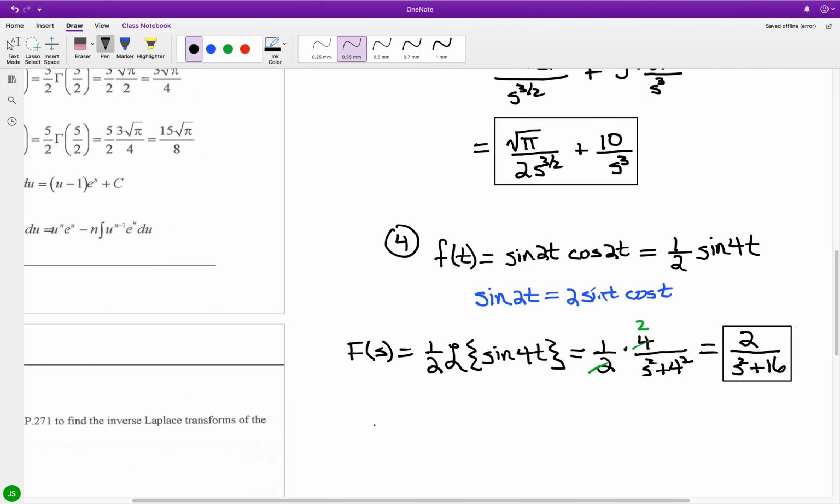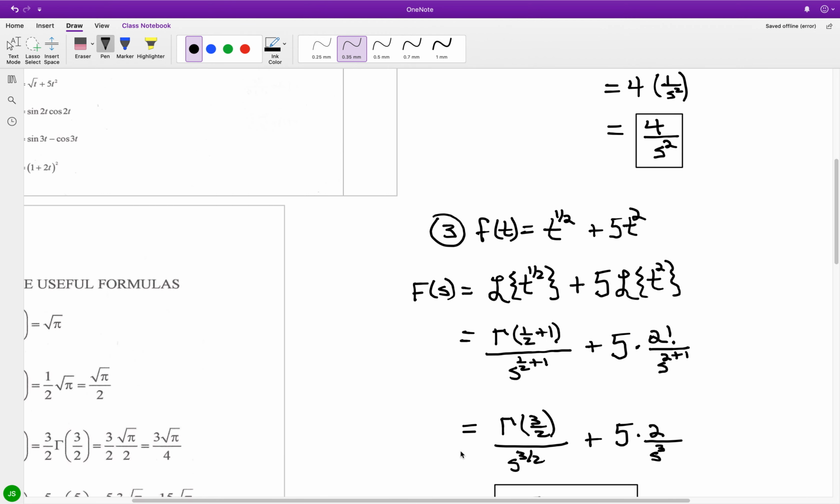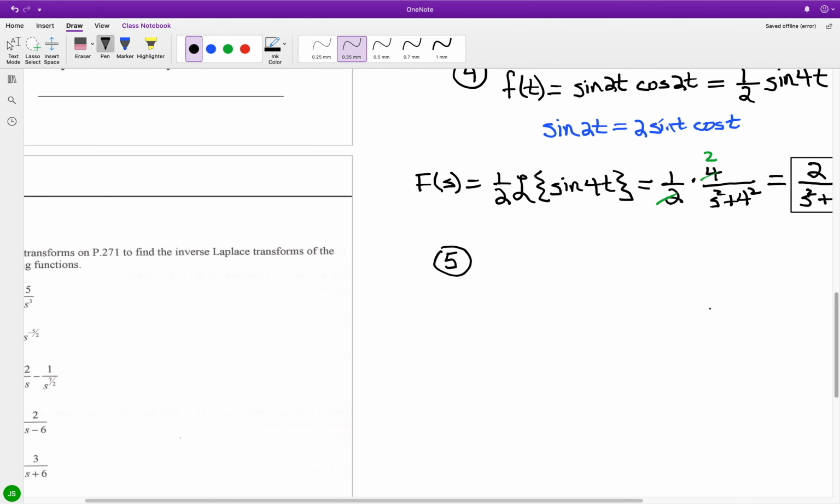And for the next item, we have the sine of 3t minus the cosine of 3t. Okay, and we can take the difference of these Laplace transforms.